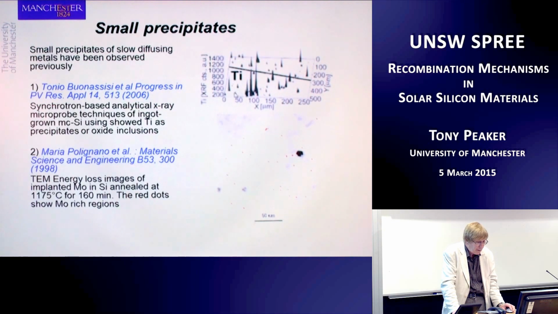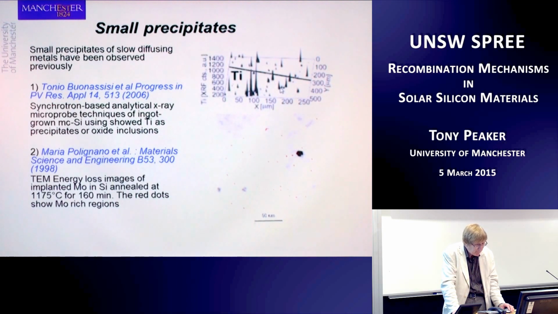Now, you can see these, or see something that might be that, in synchrotron-based X-ray. So this is some work from Antonio Bonsi when he was one of Ike Weber's students. But in fact, these are most likely inclusions.